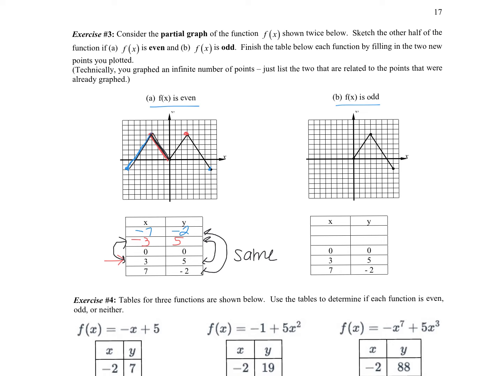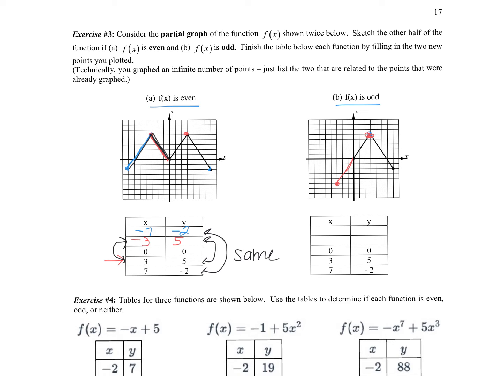Looking over at the odd function, here we want to rotate the points 180 degrees about the origin, or we could think flip over the x and y axis, both of them. So this point (3, 5), it's up here, I want to keep the same color, would go to (-3, -5). So down here.